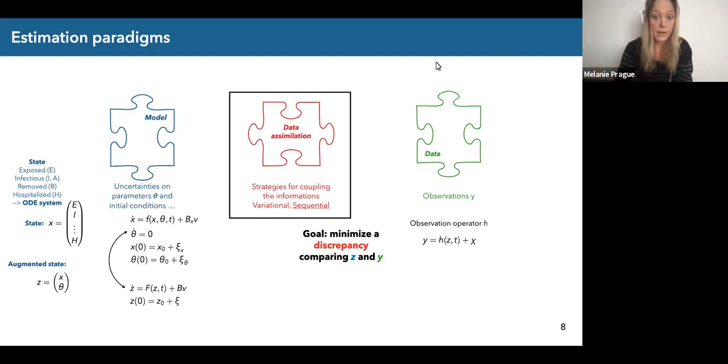The goal of this work is to build a data assimilation approach, based on sequential and variational sequential data assimilation, so that we can estimate the parameters. We are trying to solve the inverse problem from the data, estimating the parameters in the model, which is somehow different from calibration, which is used by many epidemiologists in France.